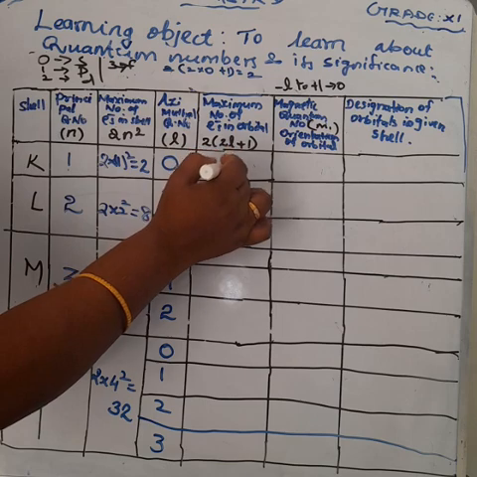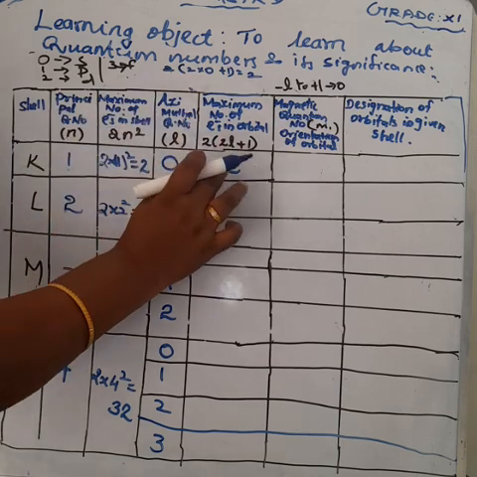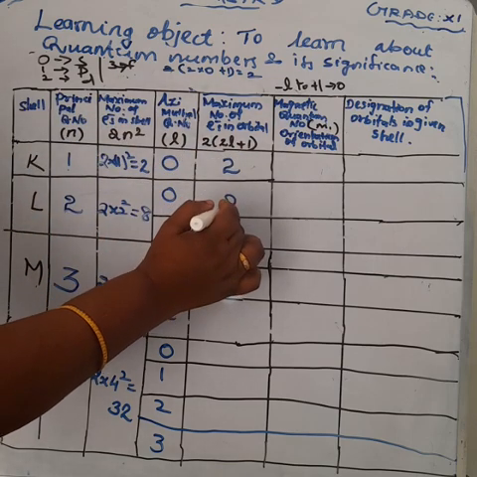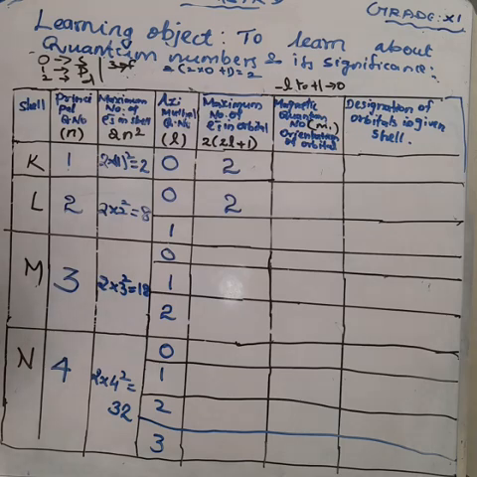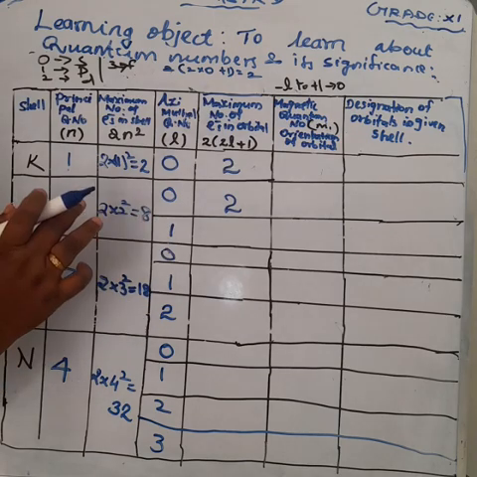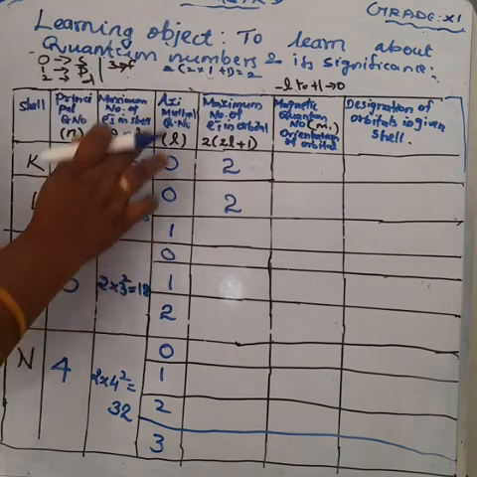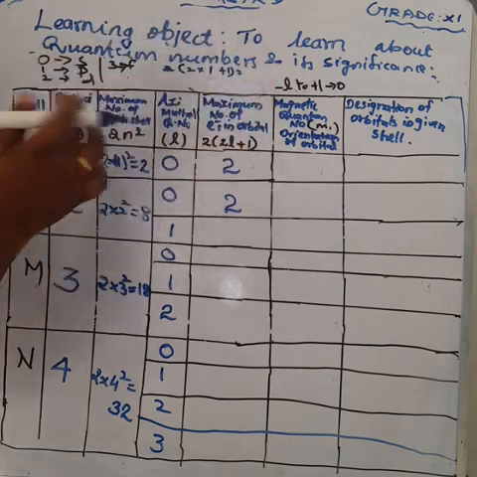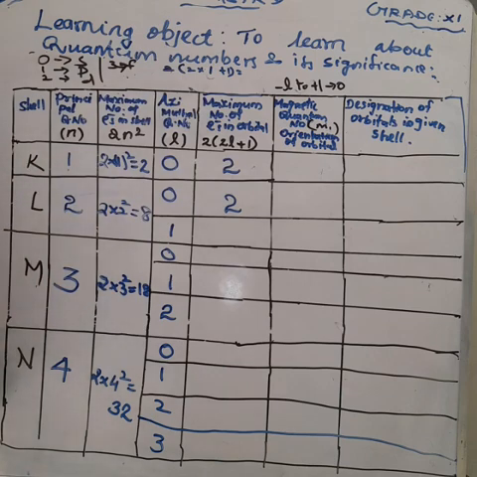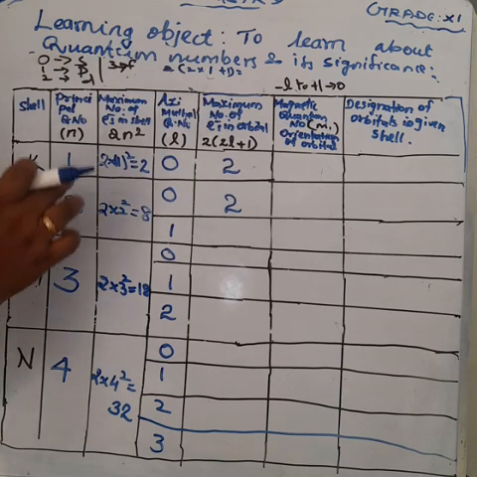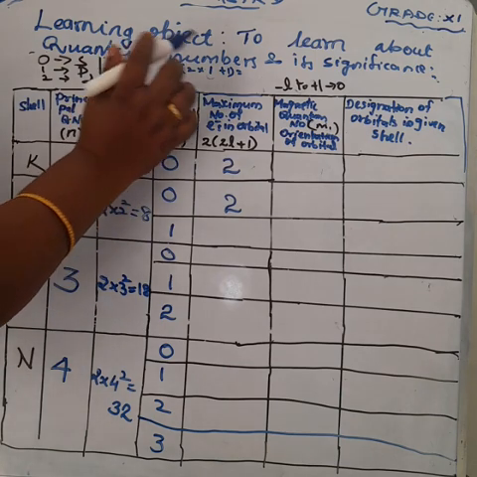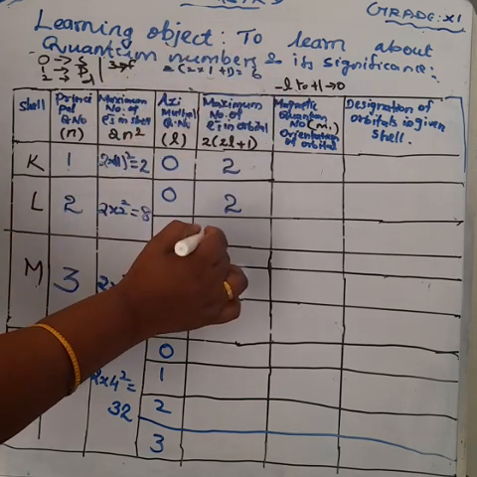Okay. And here also L value 0, so we get 2. And here L value is 1. So we write 2 into (2 into 1 plus 1). 2 into 1 is 2, 2 plus 1 is 3, 3 into 2 is 6. Okay.